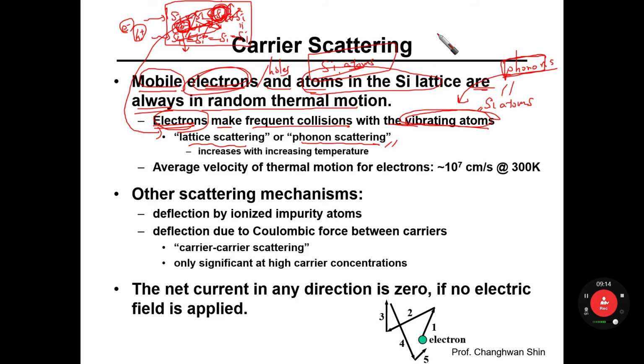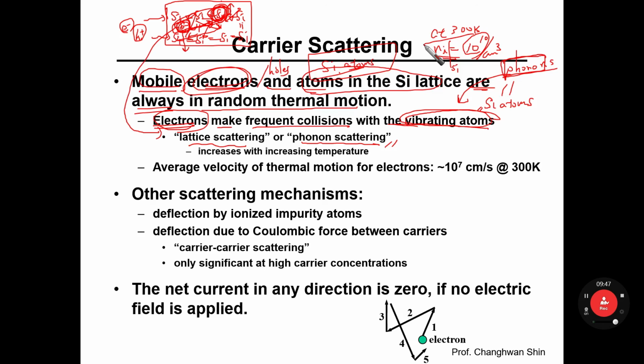But as we have learned, at room temperature in pure silicon material, how many electrons and holes are available? Do you remember this number for silicon? That is 10 to the 10 per cubic centimeter. So this number of electrons and holes are available in crystal silicon material.